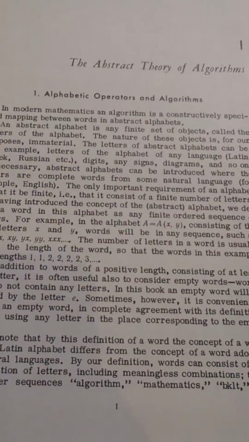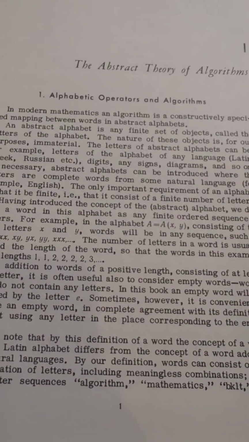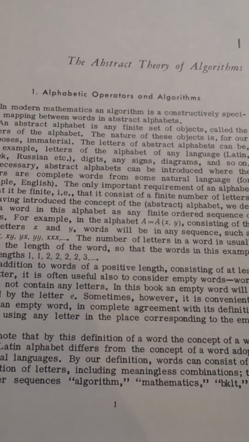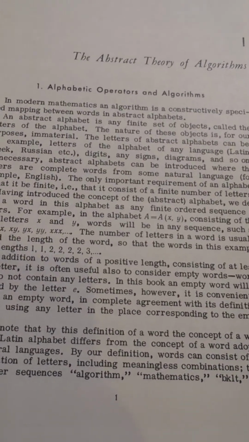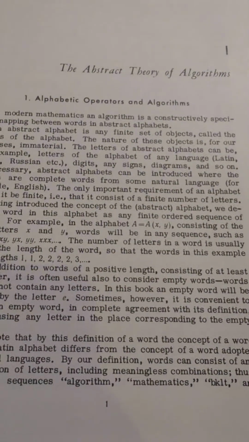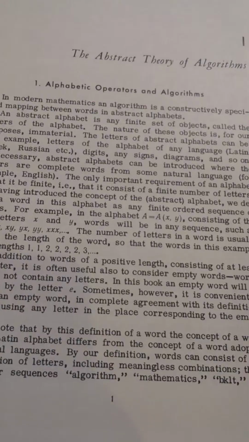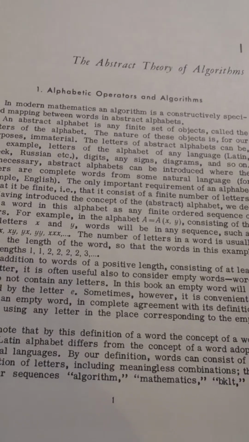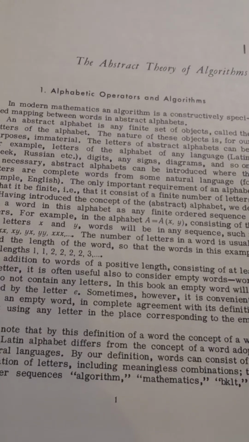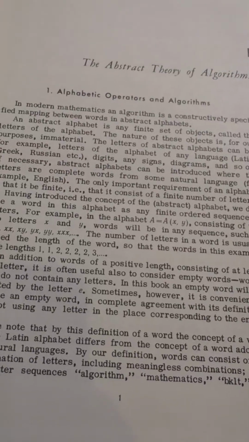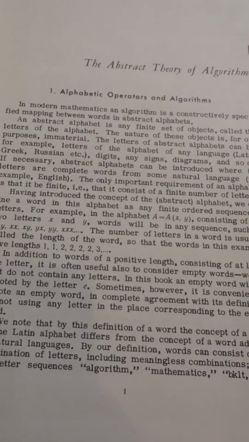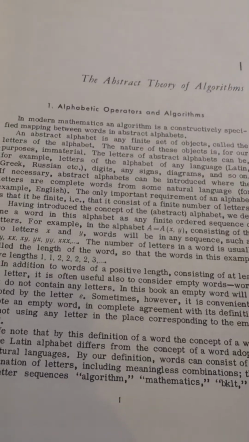Okay, an abstract alphabet is any finite set of objects called the letters of the alphabet. The nature of these objects is, for our purposes, immaterial. The letters of abstract alphabets can be, for example, letters of the alphabet in any language, Latin, Greek, Russian, etc., digits, any signs, diagrams, and so on.